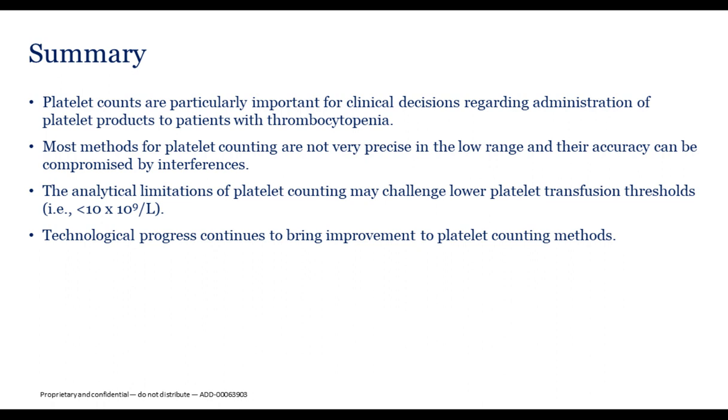And again, that's where we have to make a determination if there is access to the immunoplatelet count, as that is the approved or the best way to make a decision for platelet transfusions. And of course, technological progress continues to bring improved platelet counting methods.